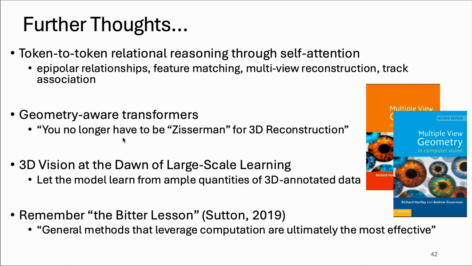Here is what the author claims: given these geometry-aware transformers, you no longer have to be Zisserman for 3D reconstruction. I don't know if Zisserman agrees, but AI really changed a lot.